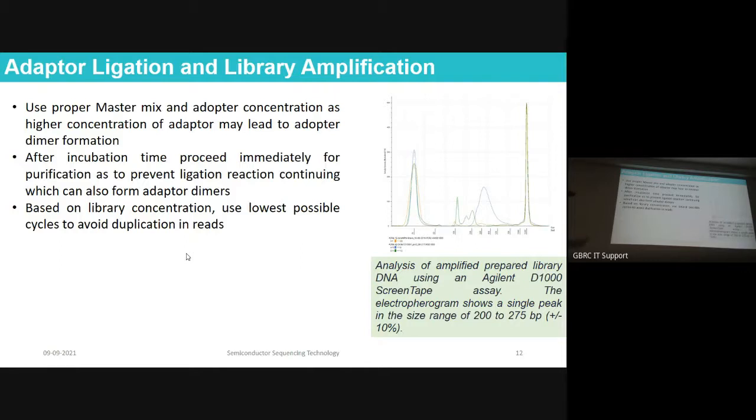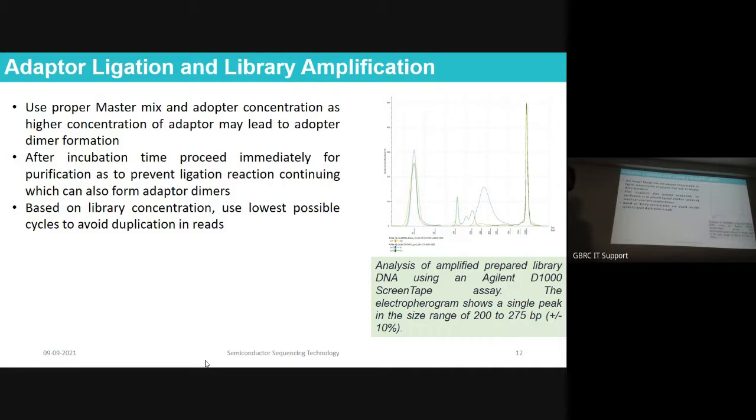After the incubation of your adapter and library, you have to immediately take it for purification, because whatever leftover adapters are there, if you increase even the incubation time, those adapters can do self adapter ligation. Then based on the library concentration, we will take this library after adapter ligation is done, to subject it to library amplification.